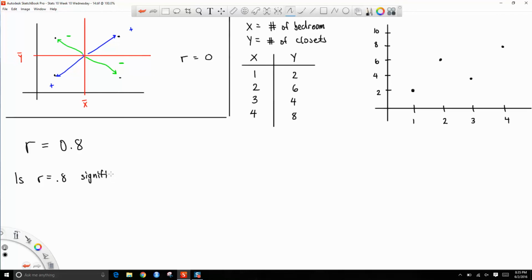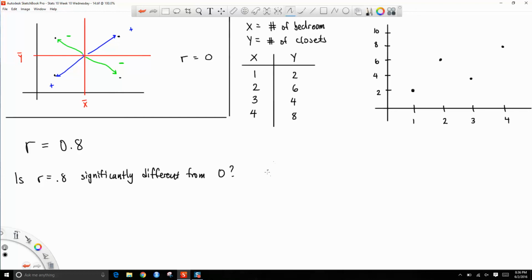And what we mean by that is that we're going to set up a hypothesis test. So does the fact that I have r equal to 0.8 indicate that in the population there is a non-zero correlation between x and y?